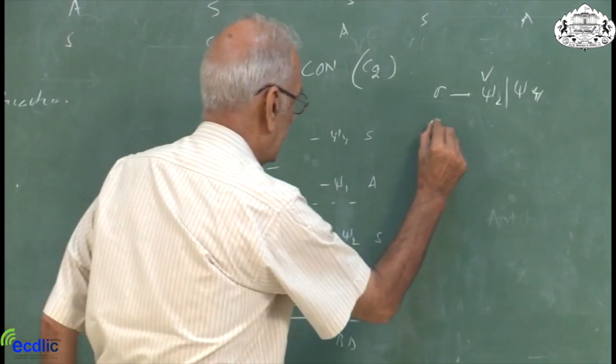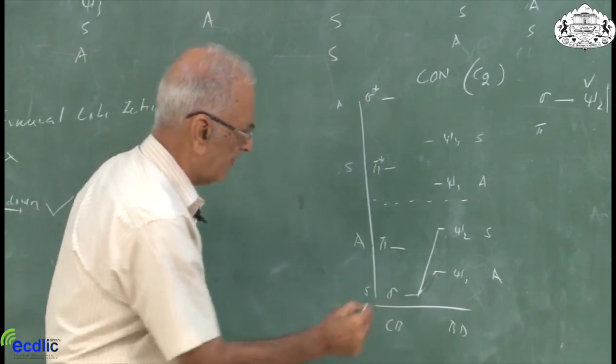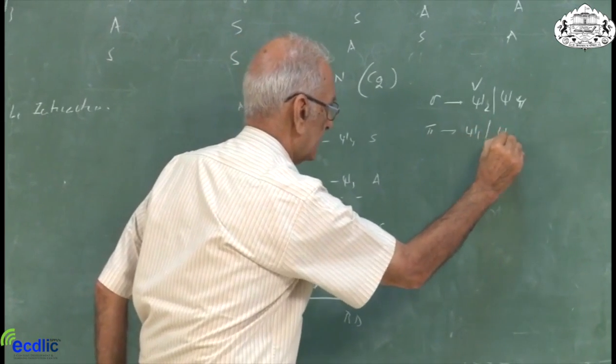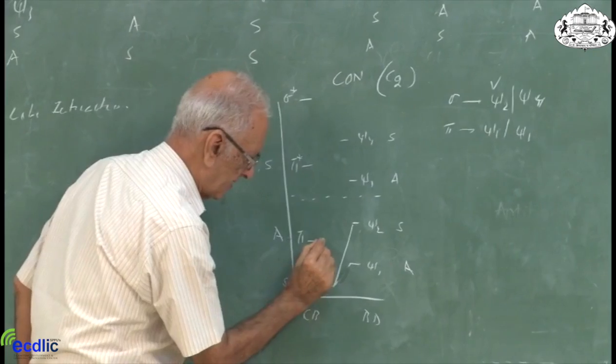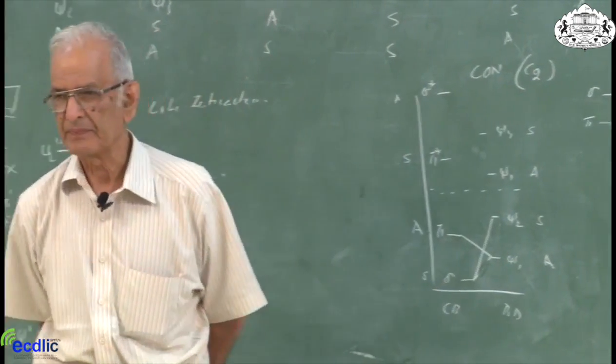When I look at pi, pi is anti-symmetric, therefore, I can join it to psi 1 or psi 3. Psi 1 is lower in energy, therefore, I join it to psi 1.